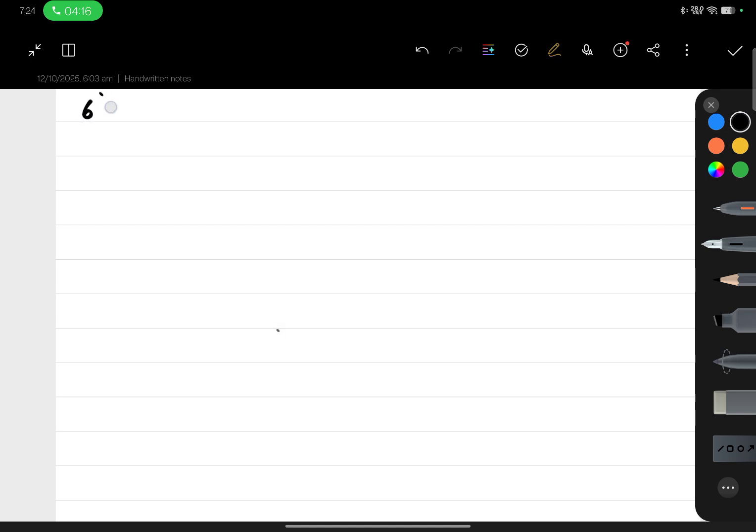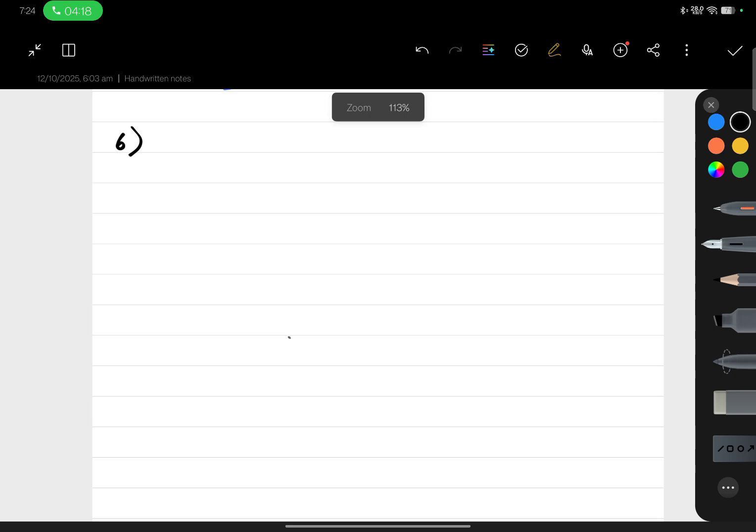6th question. Please read, ma. Evaluate yourself. 6. 0.16 gram of organic compound was heated in a Carius tube. So 0.16 grams of organic compound is there.